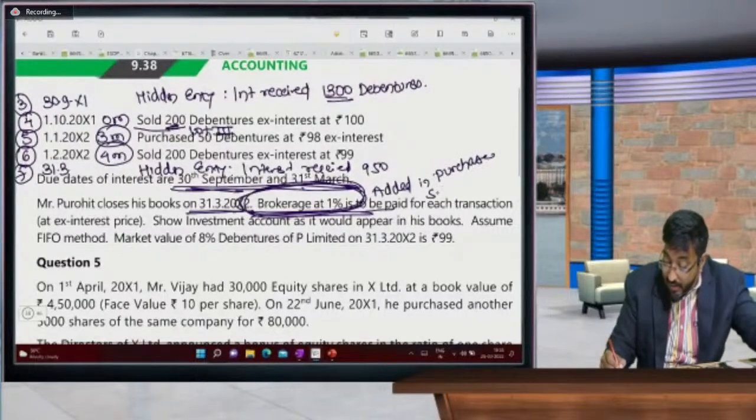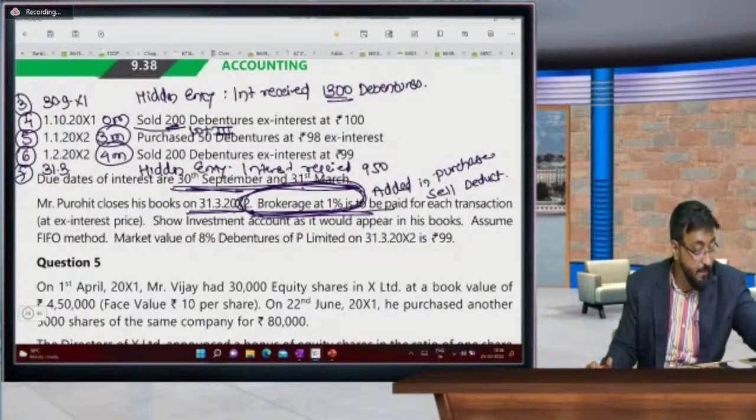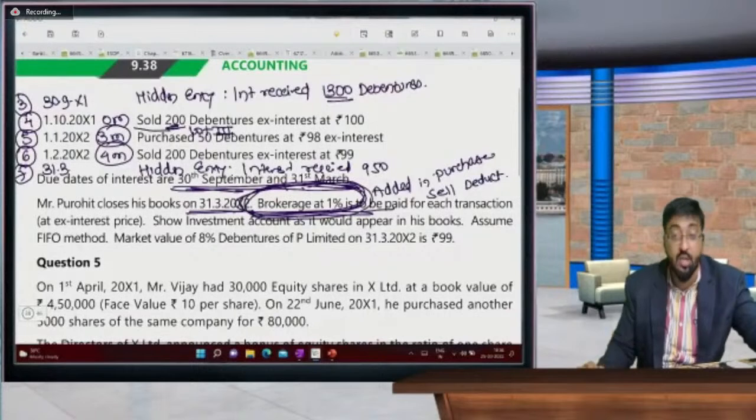And when you are selling, you will deduct, because the broker will take some amount. So in case of sale, you have to deduct 1%. Whenever you are selling, you deduct 1%. This is a new concept, brokerage. So brokerage will be added in case of purchase and deducted in case of sale.